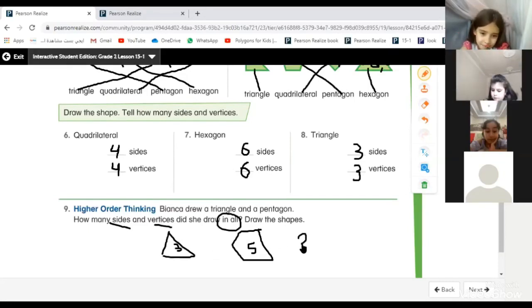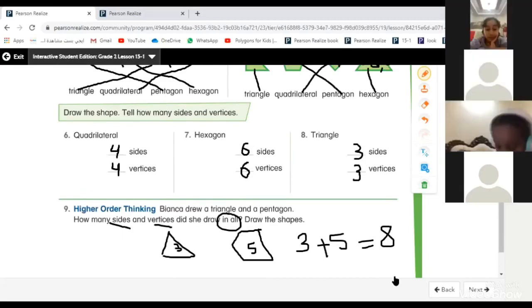We will add 3 plus 5 equal 8 sides and 8 vertices. Okay? Finish it and go to next page.